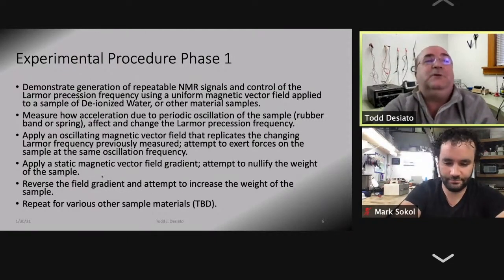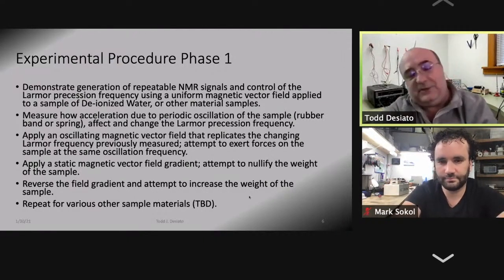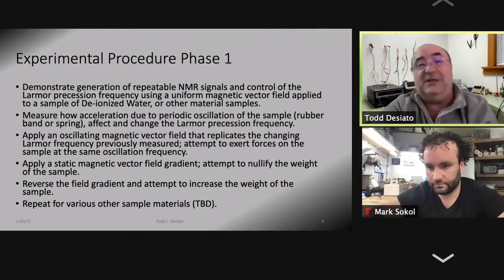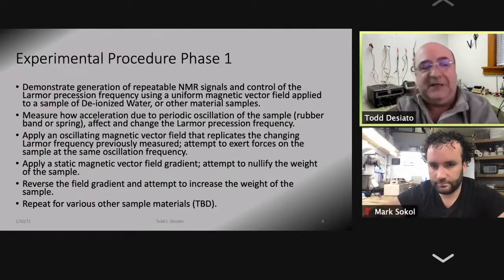We also reverse the field gradient and attempt to increase the weight of the sample, and then repeat for various other materials. Now this is all with a vector field. I haven't yet figured out how to do it with a scalar field. When I do, this list will be repeated.